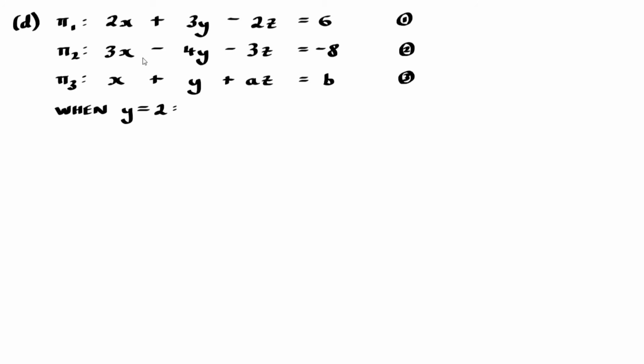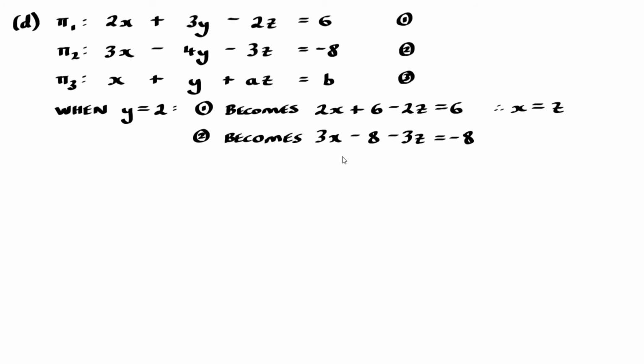And then here we would have 3x subtract 8 subtract 3z equals -8. And the -8's cancel. So equation 1 becomes 2x plus 6 subtract 2z equals 6. And because the 6's cancel, we would have 2x subtract 2z equals 0, in which case x is equal to z.